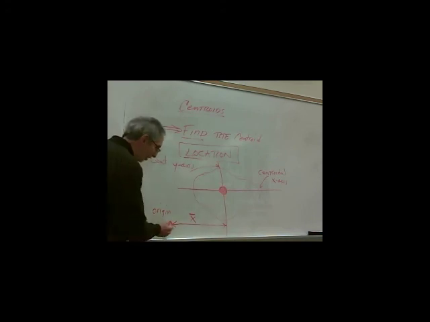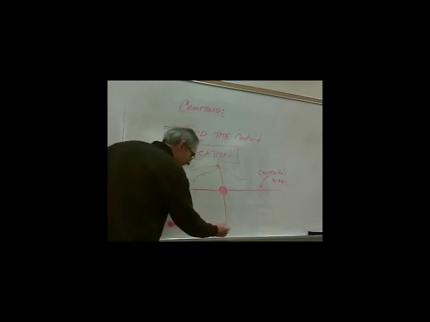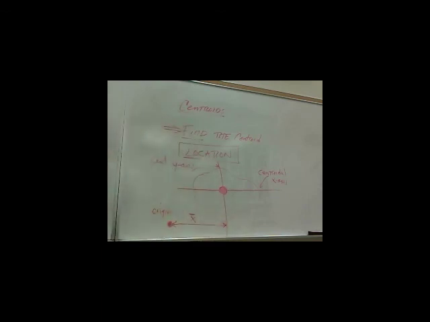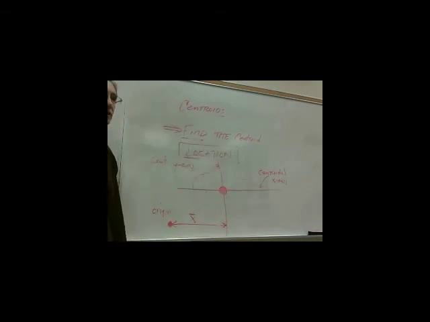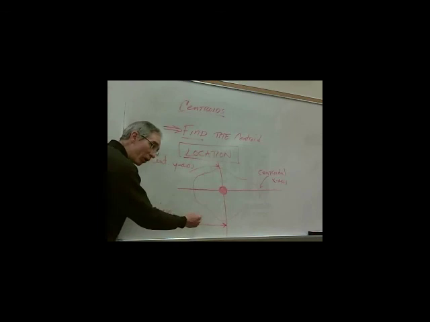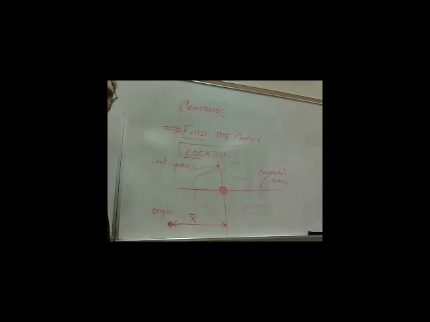I'm going to call that x distance that I travel to get to the y centroidal axis my x bar, with a bar across the top. From my origin, the y distance that I need to travel to get to the x centroidal axis is what I'm going to call the y bar distance.